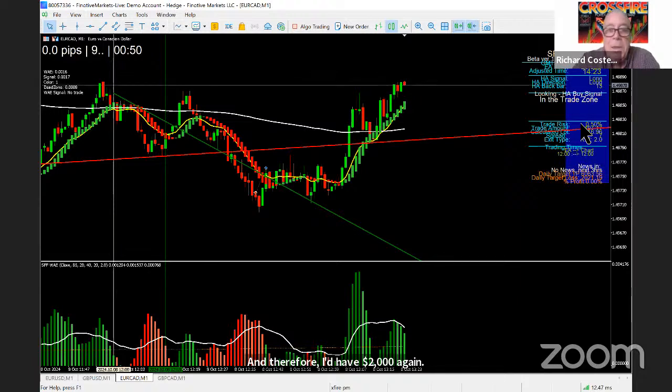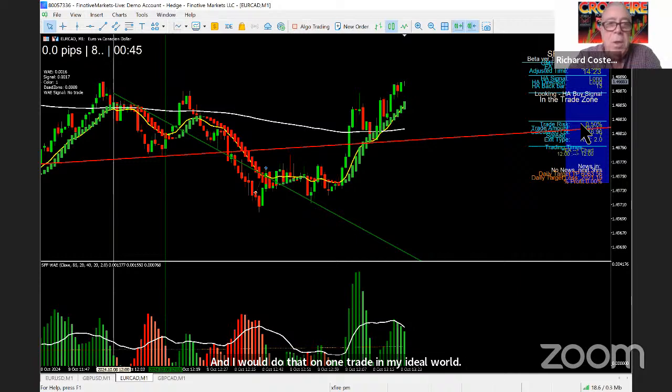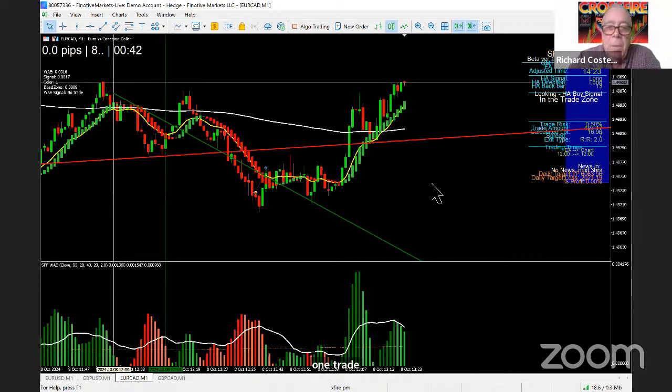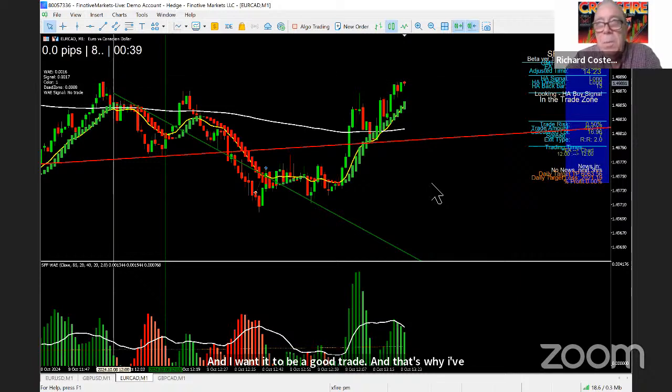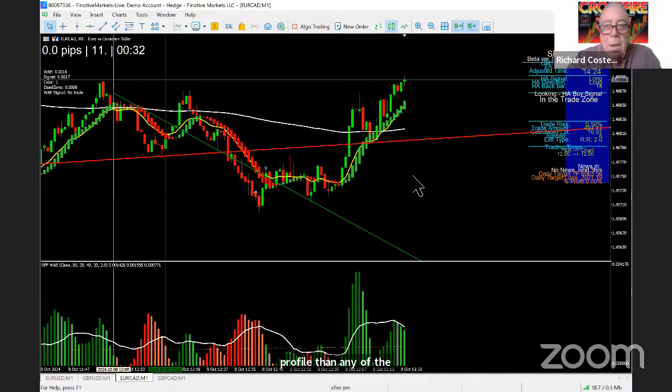In my ideal world, I don't need to take 20 different trades. I just want one trade, and I want it to be a good trade, and that's why we've got the most boxes to tick on Crossfire than any of the trading assistants, because I'm super cautious.